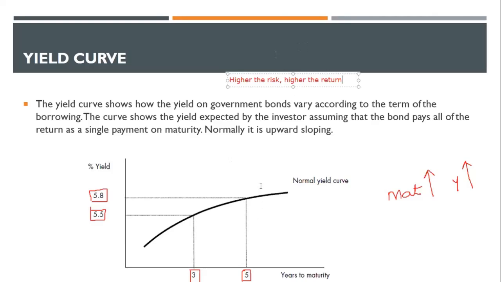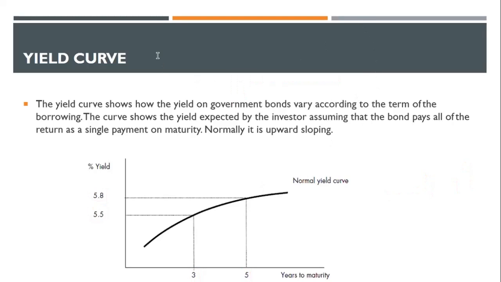That's very natural. If one of your friends says, give me $1,000, I will return it next week, you will say no problem. But if your friend says, give me $1,000, I will return it after 3 years, or even 1 year, you will probably think. So when the time increases, the risk increases, and when the risk increases, return increases.